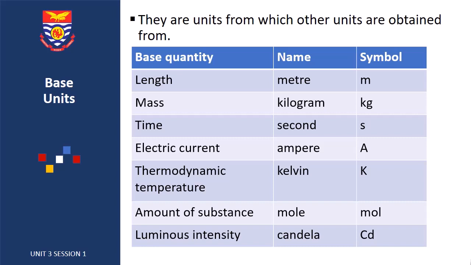However, some units are named after scientists, like the unit of electric current named after Ampere. Although we start writing such a unit with a small letter, that is ampere, the symbol is capitalized. So let's take note of that.